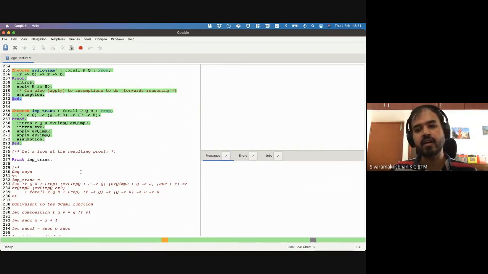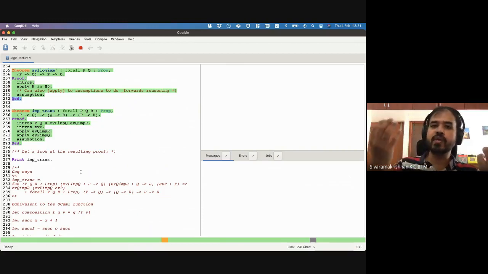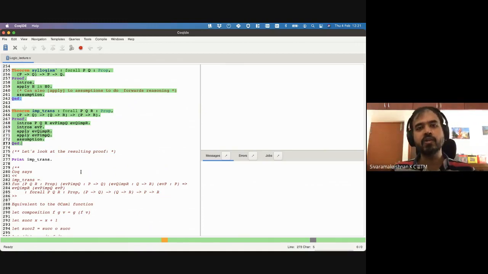Coq's underlying mechanism for dealing with tactics allows you to build expressive programs that say, I see a P implies Q, I see a P, the programmer has asked me to prove something, let me just apply it and see if I can get to a useful point. It does breadth first search up to some depth, and then comes back and says whether it proved it or not. We'll see all of this in later classes.